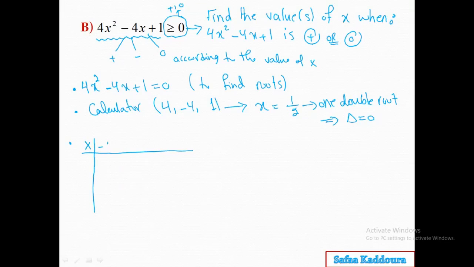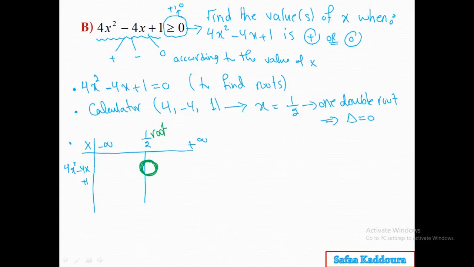X from minus infinity to plus infinity, and this is the root. And we have 4x squared minus 4x plus 1. Now x equal half is the root. So at half we will put 0. We will put 0 because it is a root.